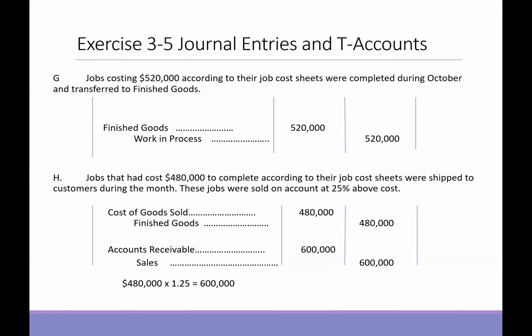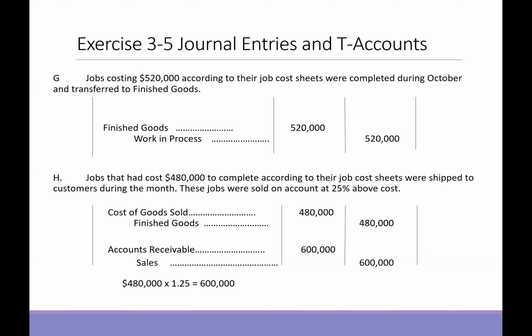Jobs that cost 480,000 to complete according to their job cost sheets were shipped to customers during the month. These jobs were sold on account at 25% above cost. So it's telling us what the sales revenue is. Okay, so we need to remove them from our finished goods and bring them to our cost of goods sold account. That's our debit to cost of goods sold because they've been sold.